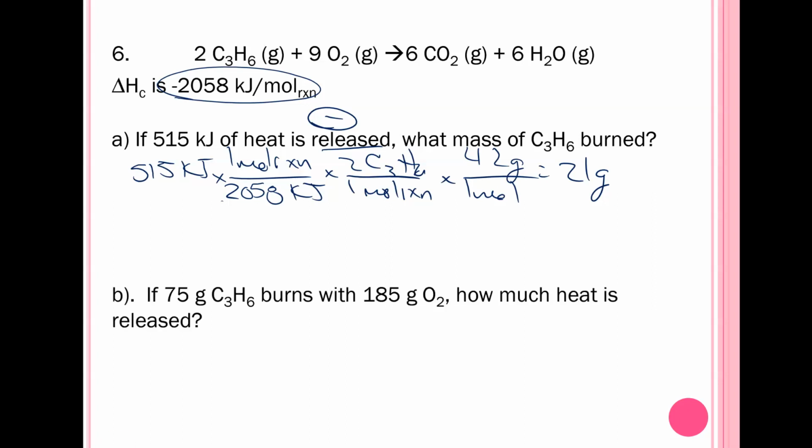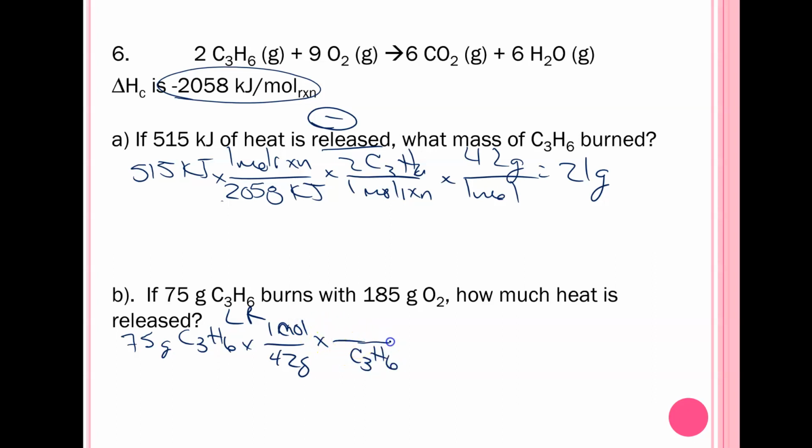Okay, so this one, now we have numbers for both reactants, and we want to figure out how much heat is released. That means it is a limiting reactant problem. So when I set this up, I'm going to treat it exactly like any other limiting reactant. I'm going to change from grams to moles. And then I'm going to change from C3H6.